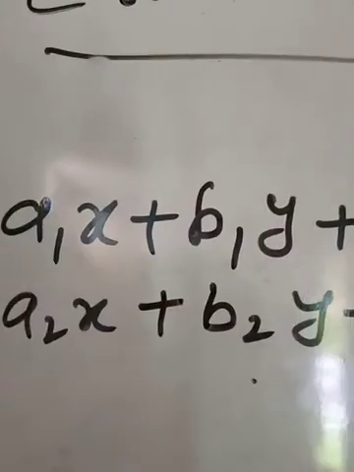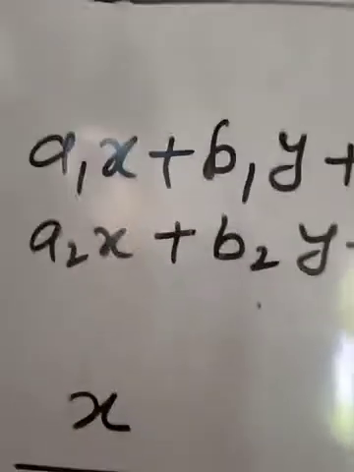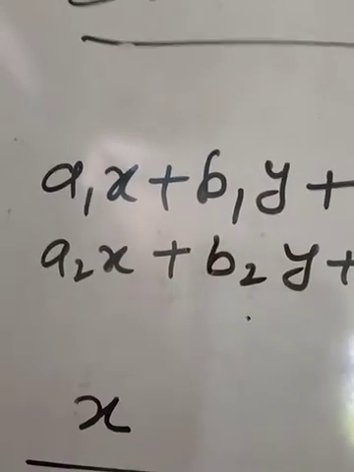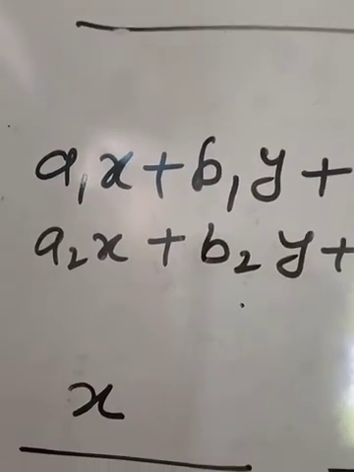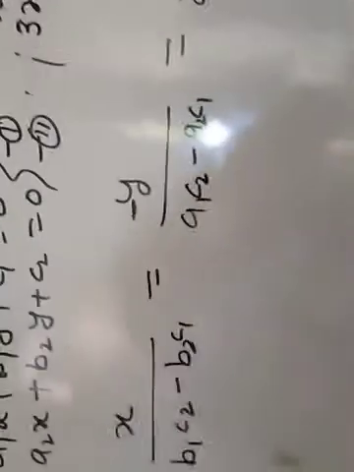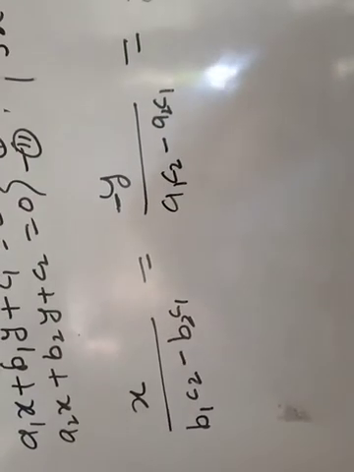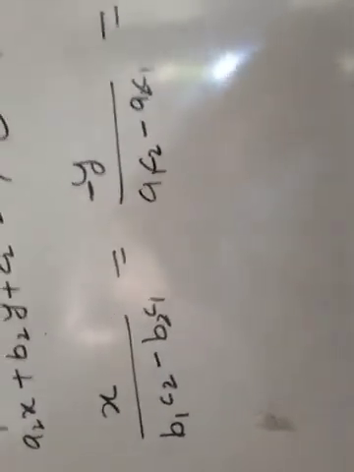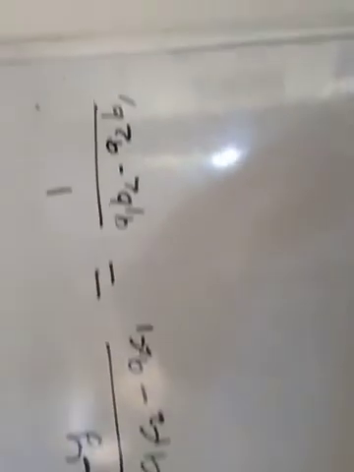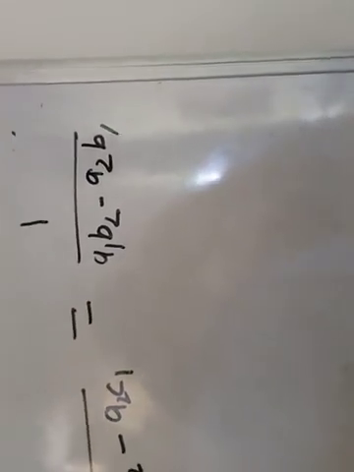You have to see only a1x b1y, a2x b2y. So multiply: a1 b2 minus a2 b1. Now you will see this in this way: x by b1 c2 minus b2 c1, minus y by a1 c2 minus a2 c1, and 1 by a1 b2 minus a2 b1.